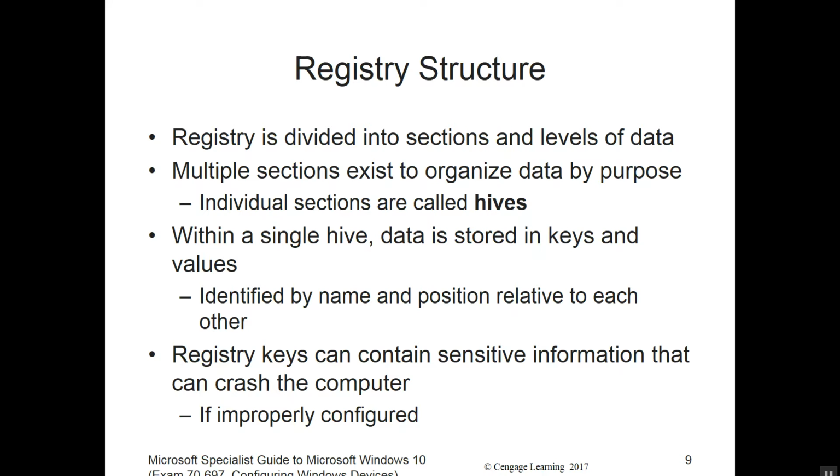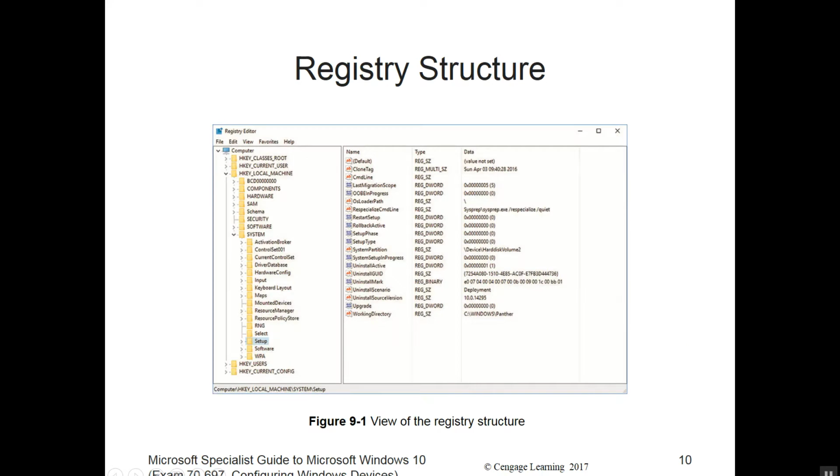Registry keys can contain sensitive information that can actually crash the computer or cause an application to not work. Here is a view of the registry editor. It's accessed using regedit, and here are the different keys.